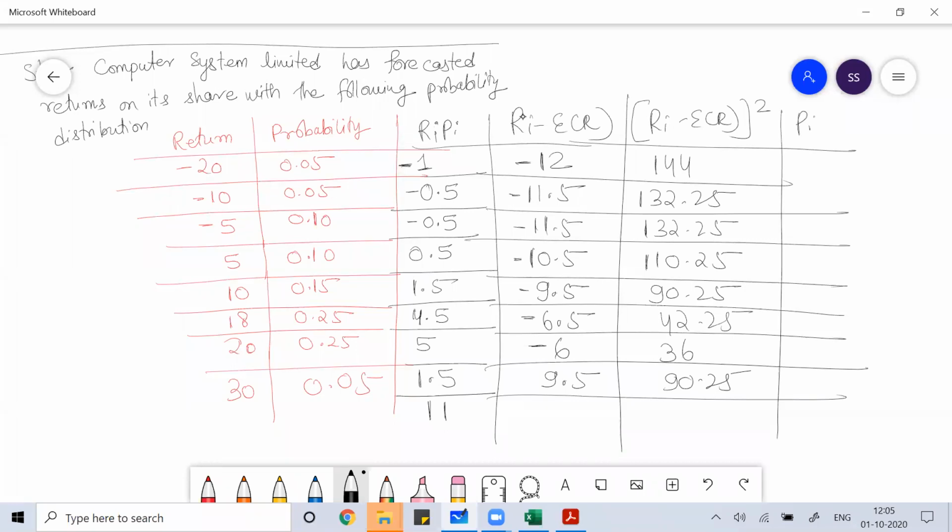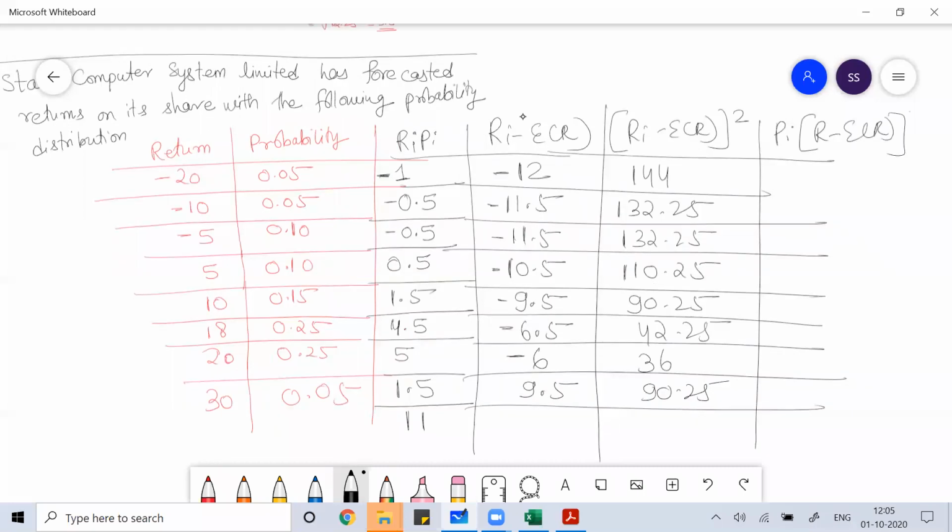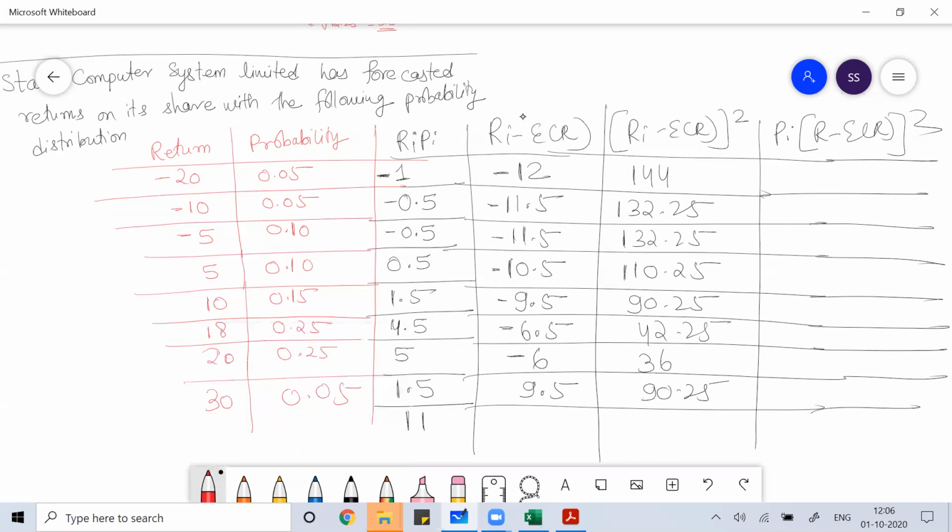Then multiply with probability, R minus ER. So 144 into 0.05, you get 7.2.